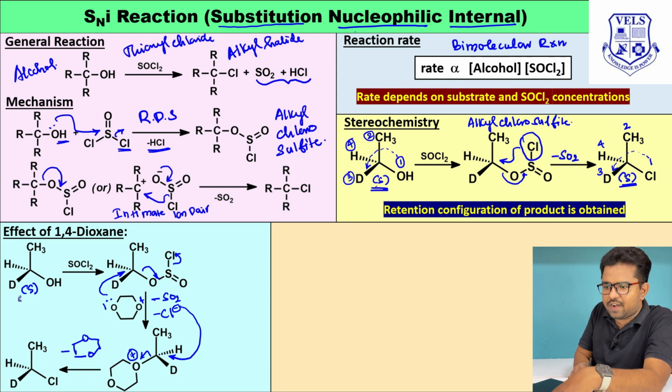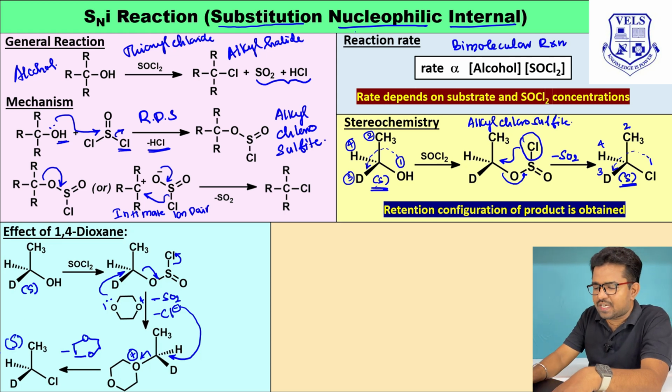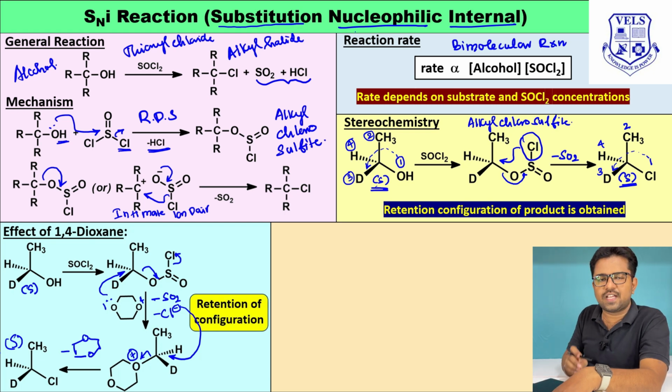The configuration of the reactant is S and the configuration of the product is also S. So the conclusion is, if you use 1,4-dioxane as a solvent in SNi reaction, the reaction takes place with retention of configuration. The configuration will not change.